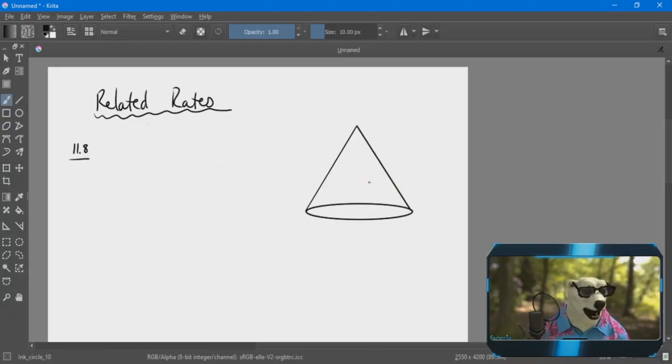Now my picture of the cone is much steeper than the question describes, because the question says the radius and the height are the same, but in some cases it might not be. Either way, I need to know the radius and I need to keep track of the height. And what else do they care about?